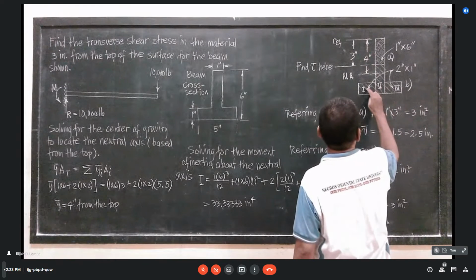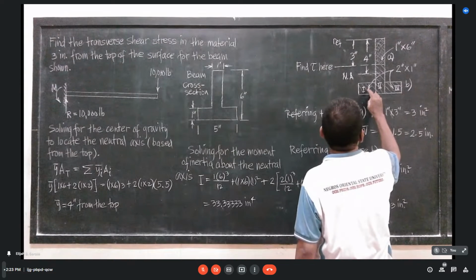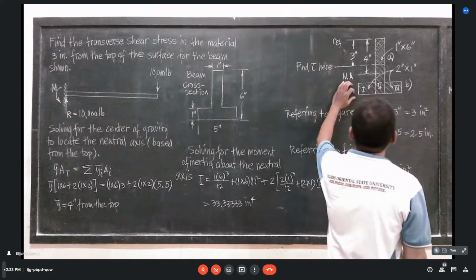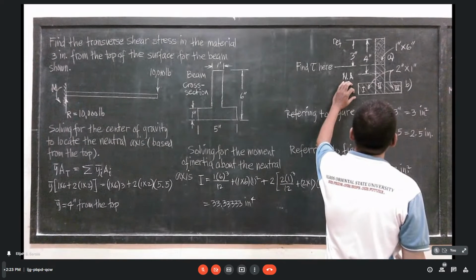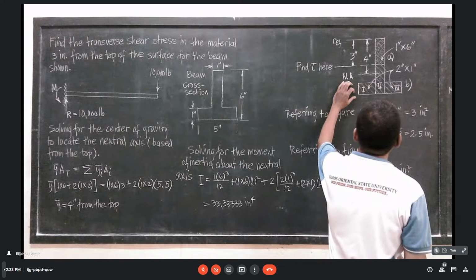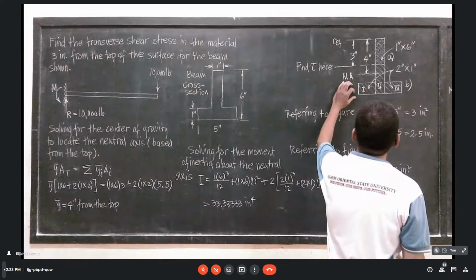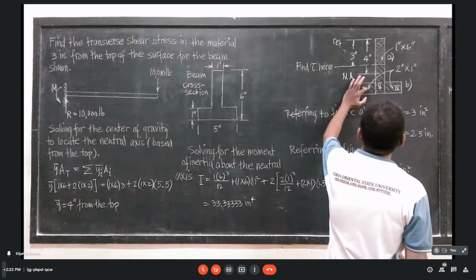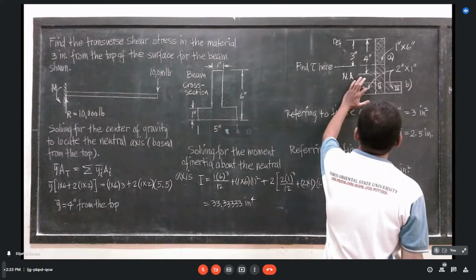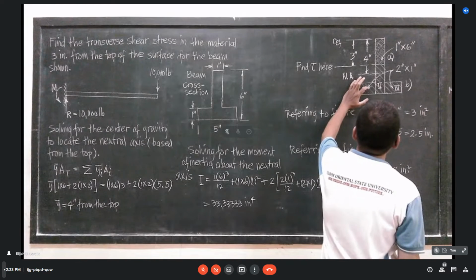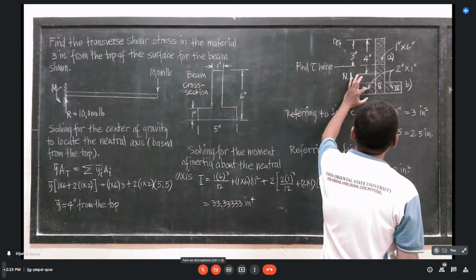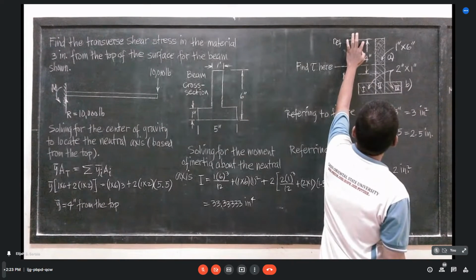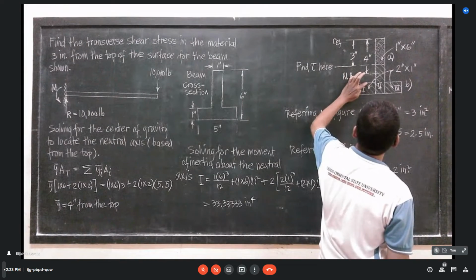The centroid of this is on the middle. 1.5, sir. 0.5. Where does the 0.5 come from? The area is 1 by 2, or 2 by 1, and its centroid is there. But where are you measuring that 0.5 from? From here?